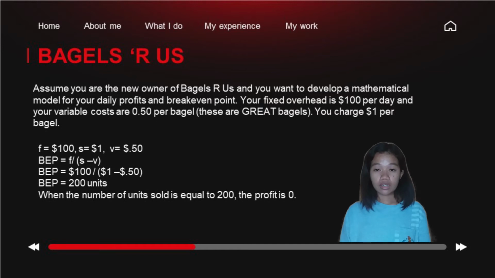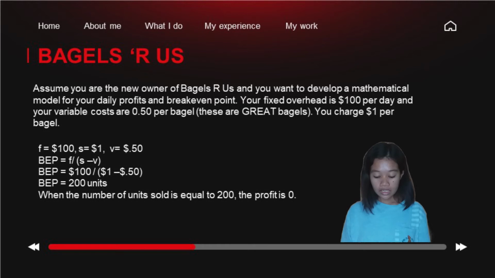So, the formula is profit equals price per unit times number sold, minus fixed cost, minus variable cost times number sold. So, profit is equal to $1 times number sold, or X, minus 100 minus 0.50 times number sold.